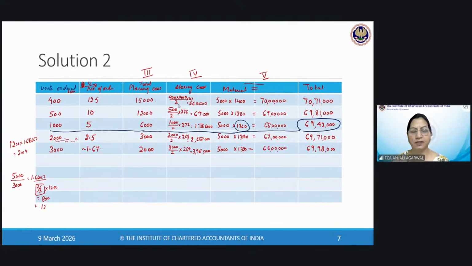Carrying cost decrease, or storage cost decrease. Overall, it is increasing if you see 56, 69, 136, 268, and 396. If you're asking about this decrease, it is because the carrying cost is 20% of the inventory.